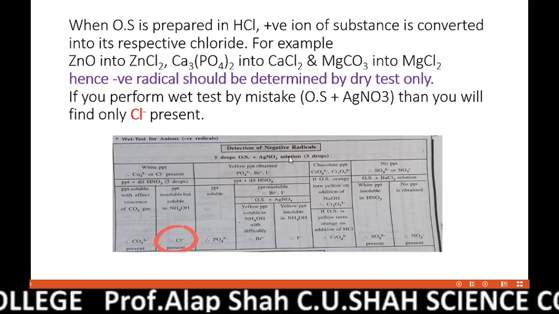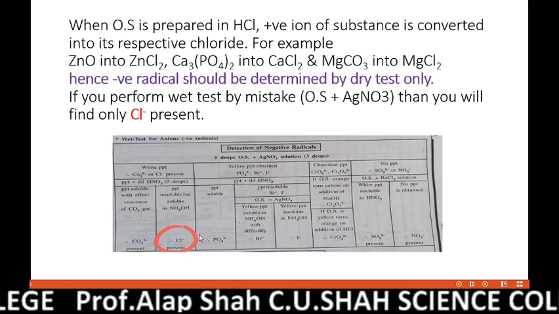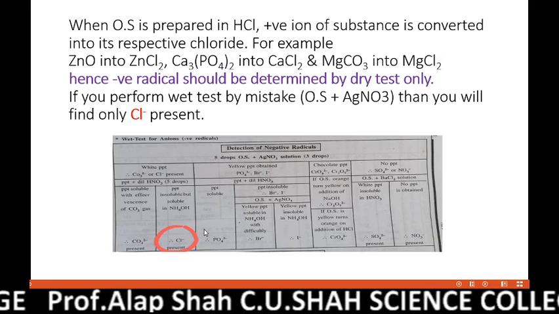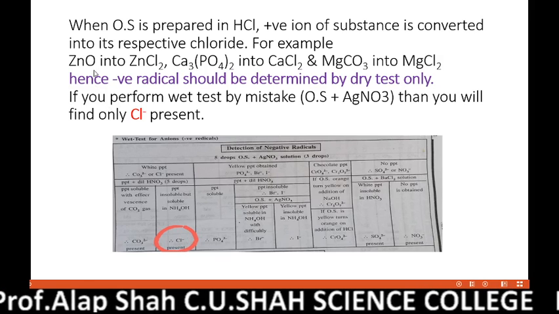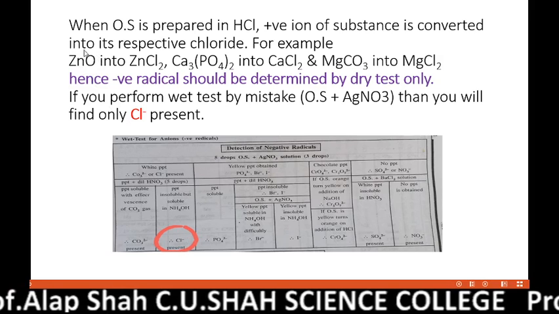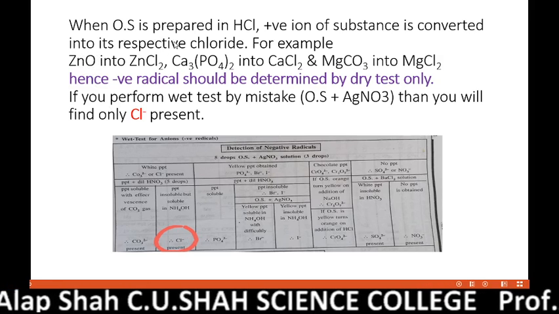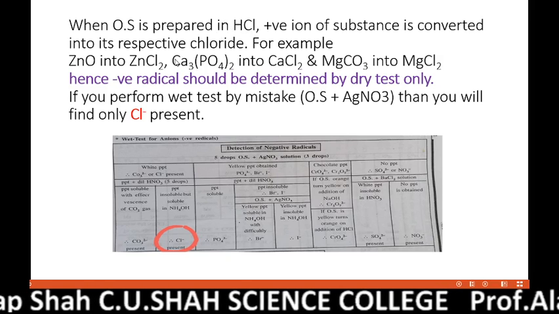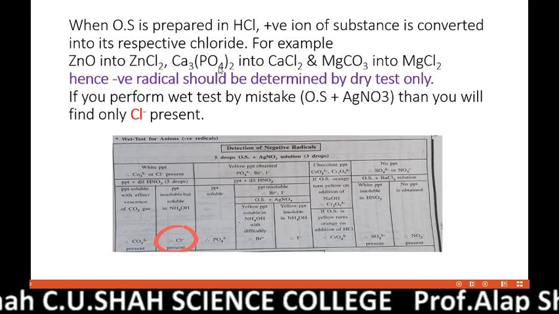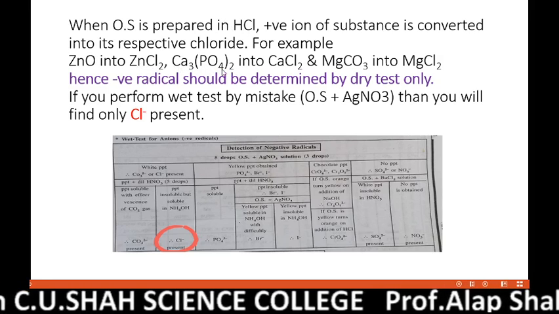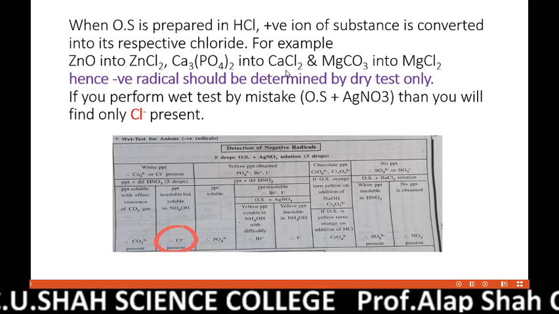The reason is that whenever you prepare original solution, your negative radical is converted into chloride. For example, if you are given ZnO, as you add HCl, your OS would have ZnCl2. If your compound is calcium phosphate, with HCl it will convert into CaCl2.